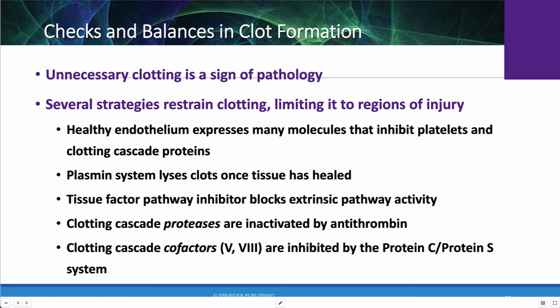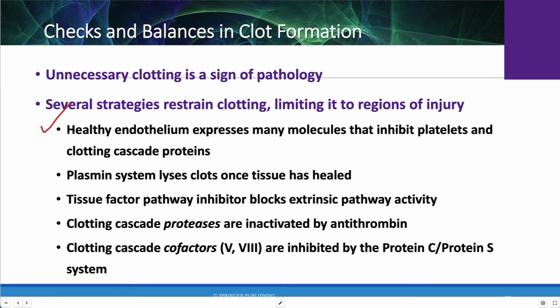All right? So healthy endothelium, as exists in non-diabetics, non-hypertensives, people who don't have coronary disease, there are many molecules that inhibit the platelets and the clotting cascade proteins, and they are the checks and balances of clotting. Okay? Also, the plasmin system lyses clots once the tissue has healed.